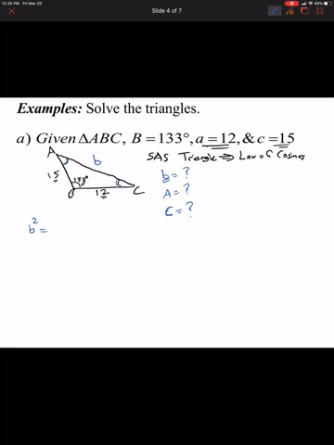So that would be sides A and C. Side A is 12 units in length, 12 squared, plus side C, which is 15 units in length, so 15 squared, minus twice their product, so minus 2 times 12 times 15 times the cosine of the angle opposite side B, which is angle B, so 133 degrees.